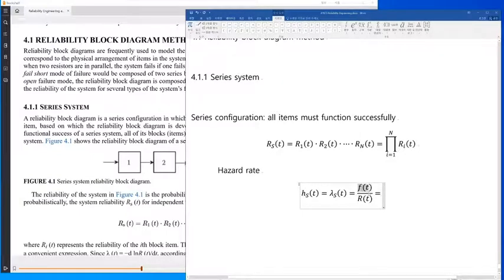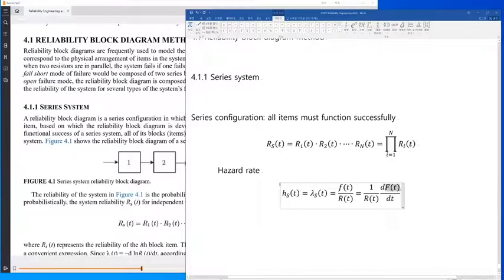So we have 1 over reliability multiplied with f(t). So what is f(t)? f(t) is in fact the derivative of the cumulative distribution function with respect to t.